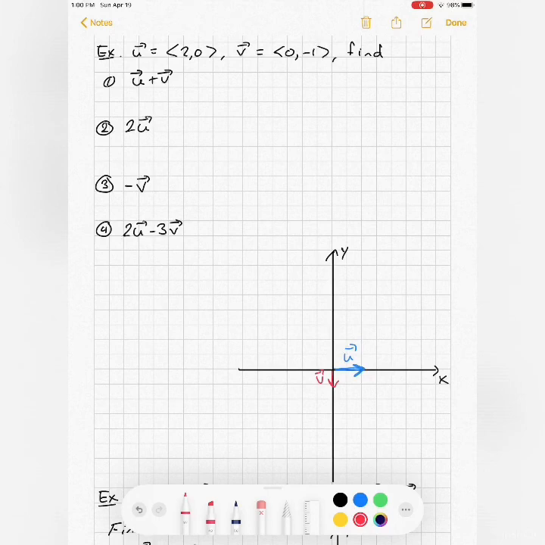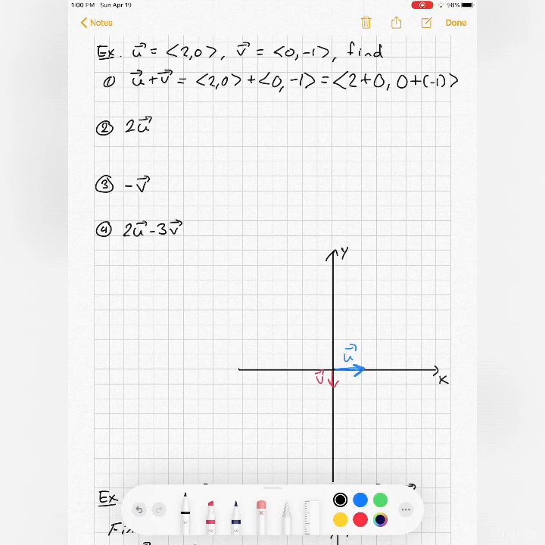Okay, so then let me see if I can do this algebra. Actually, adding vectors is very easy. I can just add them component-wise. In other words, I add the x components, add the y components.